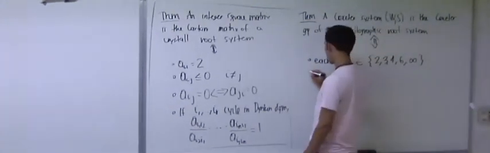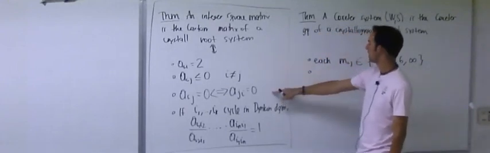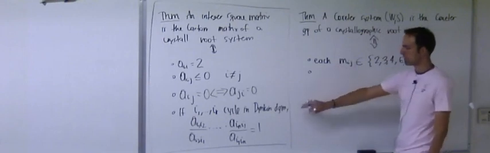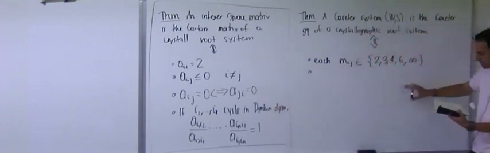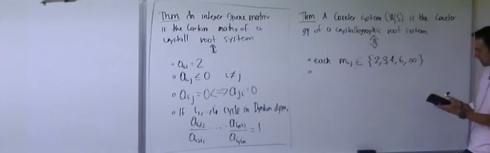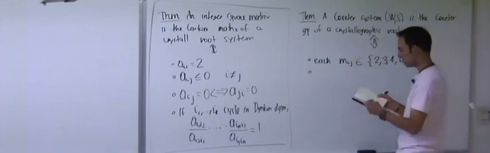But as you can imagine, just like here these three conditions were not enough, here this condition is not enough, and we're going to need a condition that looks kind of like this cycle condition. So that's what we will do. Okay, and let me tell you what that condition is.